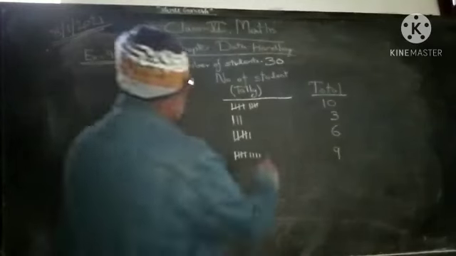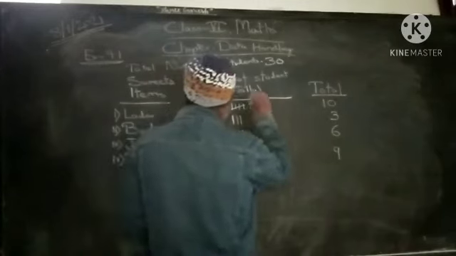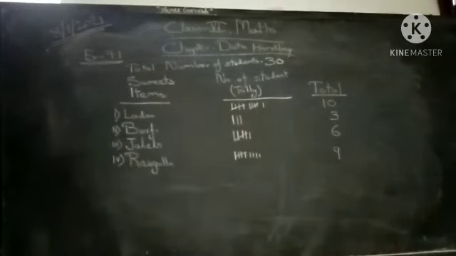There are 11 students total who like laddu. Barfi: 1, 2 and 3. It's okay. Then jalebi is 1, 2, 3, 4, 5, 6, and the rest should be rasgulla.